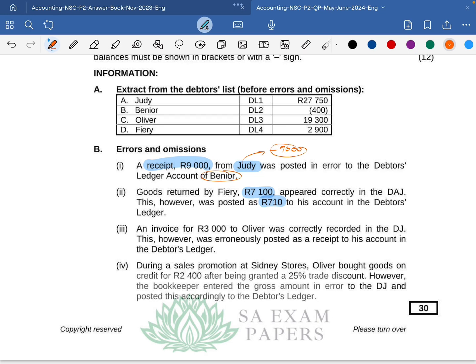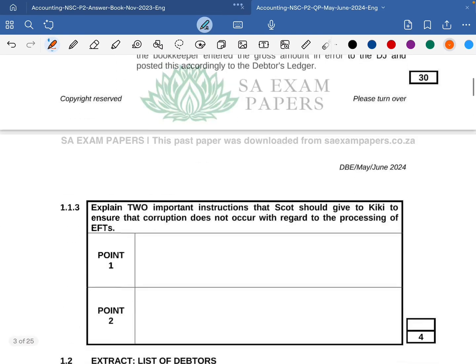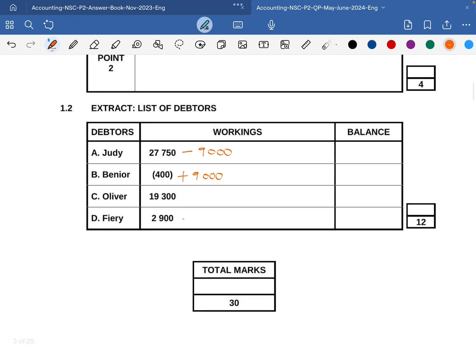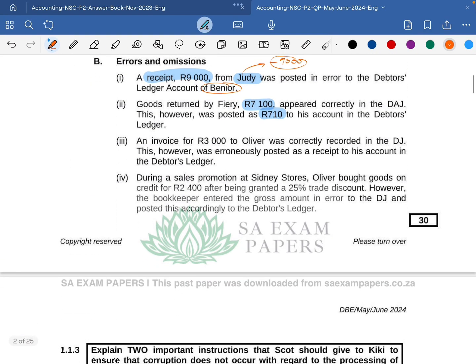So it's 7,100 minus 710, which is 6,390. So this is Fury, and we're going to further subtract the 6,390.